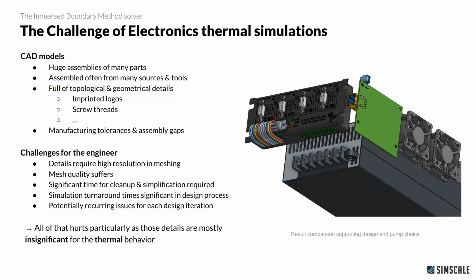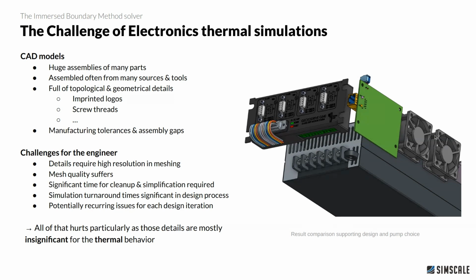And if you didn't simplify the model, you still probably will have a problem that your mesh quality is quite bad, so that you need to play with the numerics or still do some significant cleanup to even get to a state where you can simulate the model. And that is really painful.